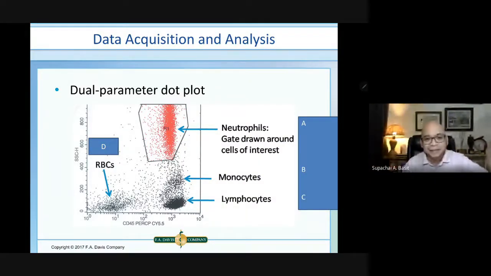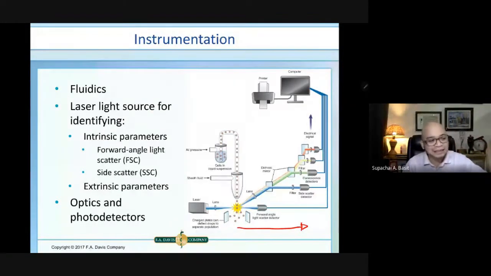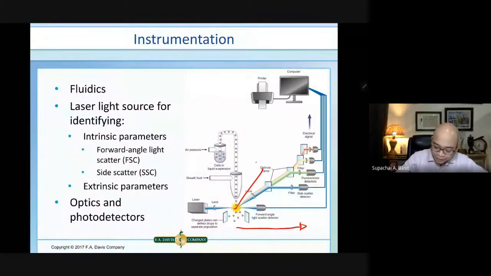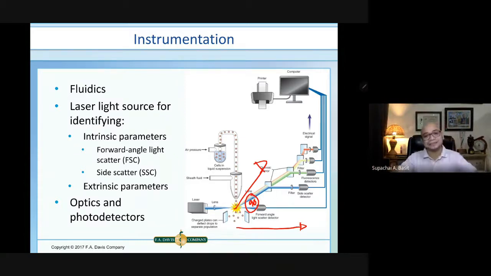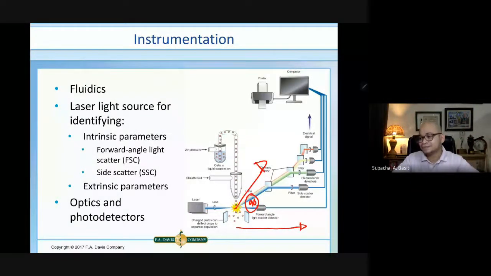The other one measures light at 90 degrees, the side scatter. Let's go back: when it is 180 degrees and the light just goes forward, that is the forward scatter. The side scatter measures the angle at 90 degrees. So that's the basic difference between the forward scatter and the side scatter.